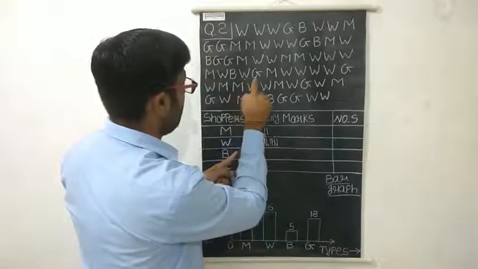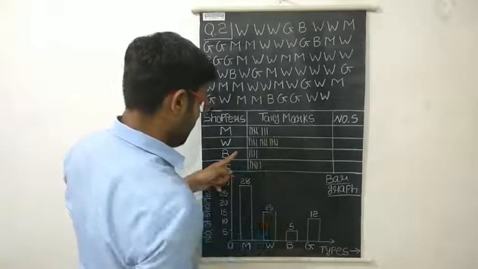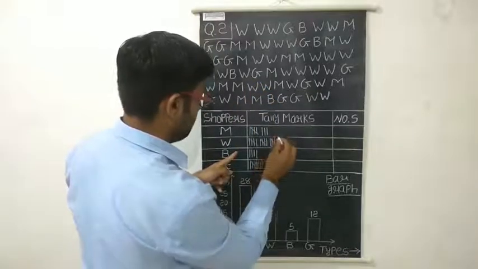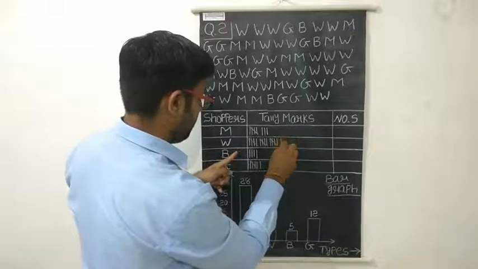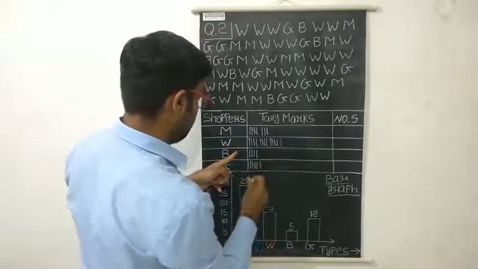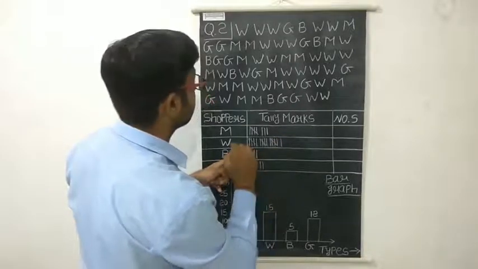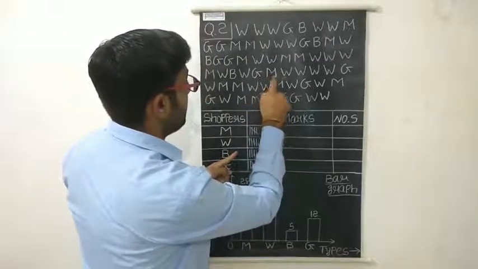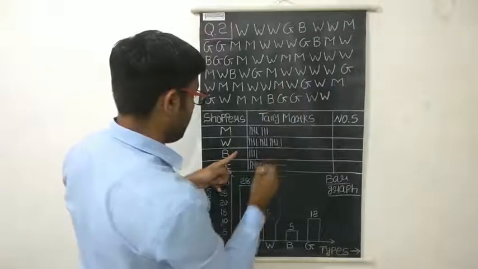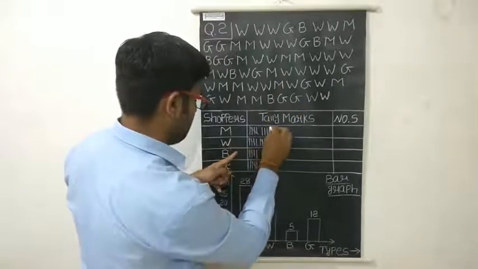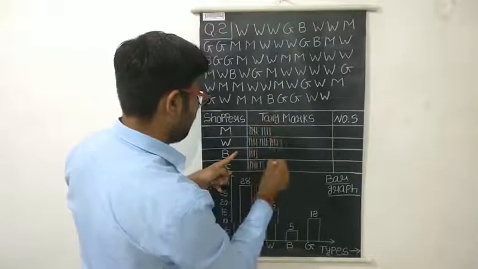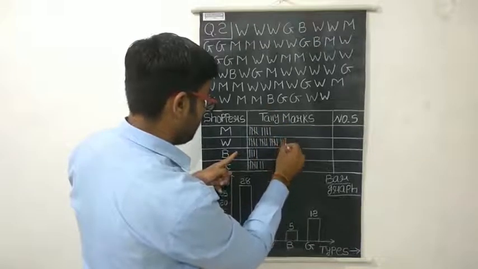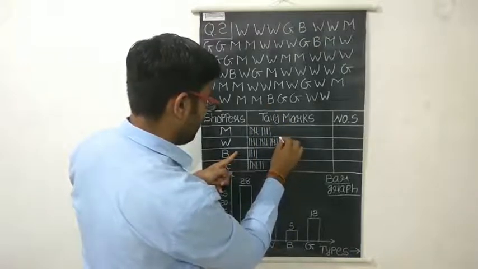Now woman and girl, one woman and one girl. Now man and four women: one, two, three and four.